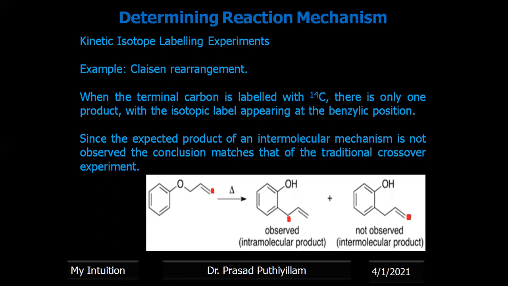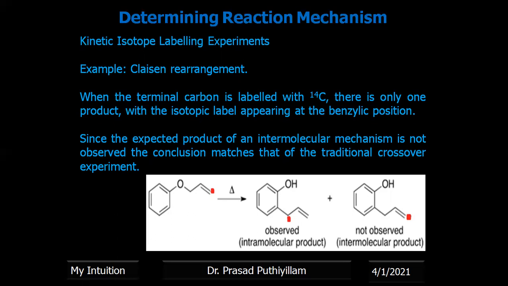So if it is replaced by carbon 14, only one product is obtained, with the isotope at the benzylic position. Since the expected product of an intermolecular mechanism is not observed, the conclusion matches the traditional crossover experiment, and we are getting only the intramolecular product.